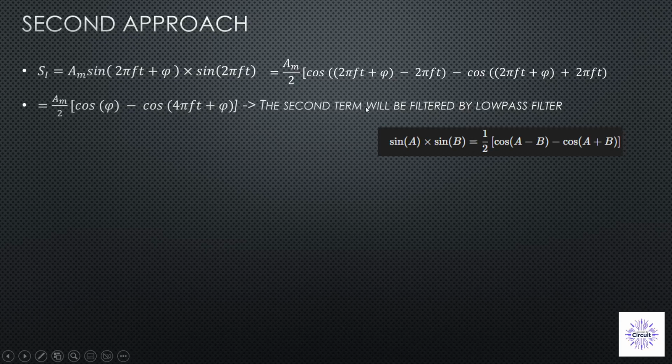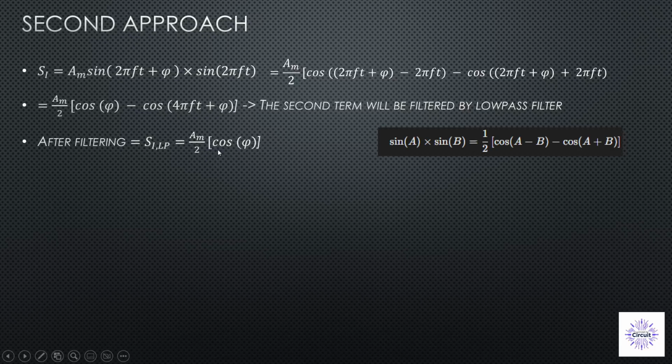If we have a low pass filter with a cutoff frequency well below 2f, what happens is that if we pass this signal through this low pass filter, the second term will be filtered out, and we will just have the first term. We call this SILP, which is equal to AM over 2 cosine phi.